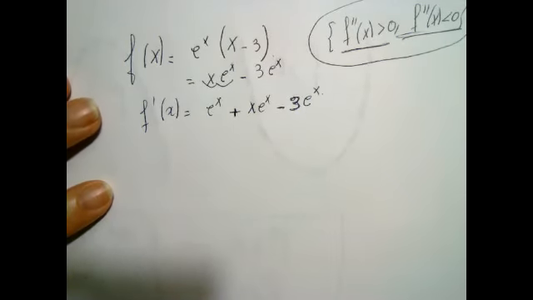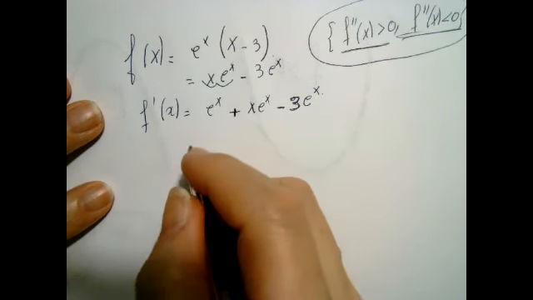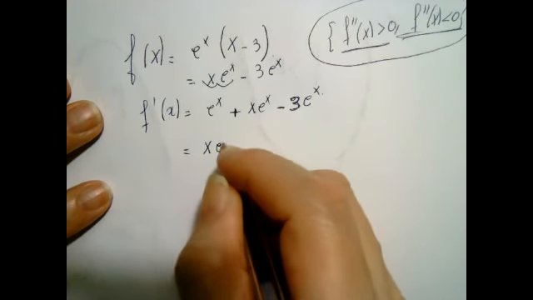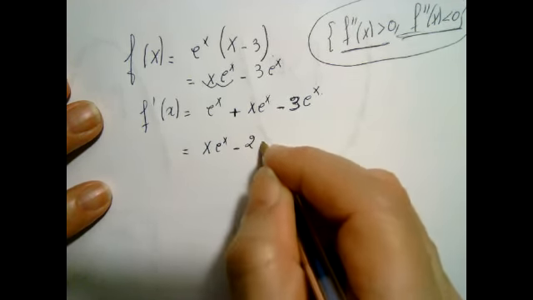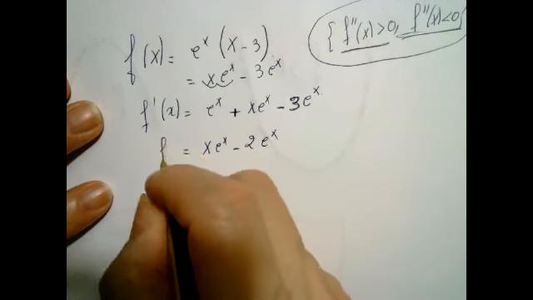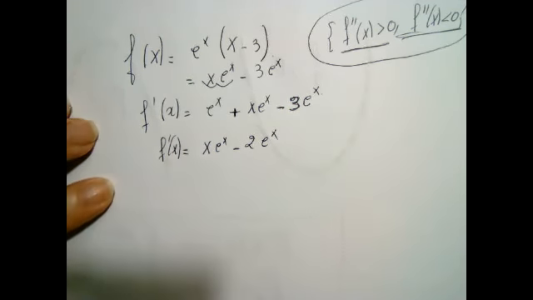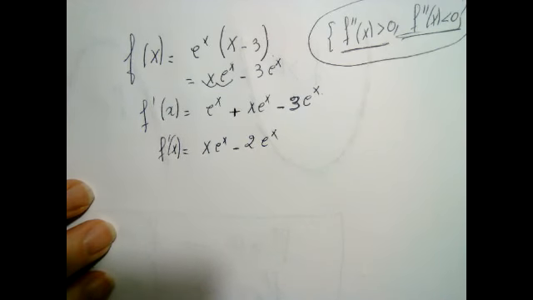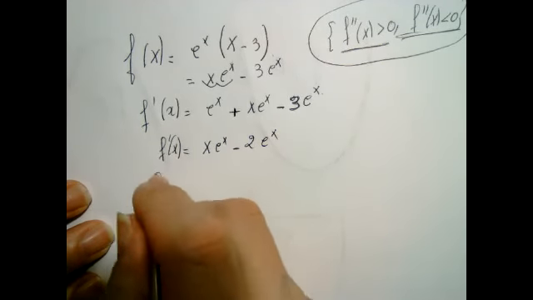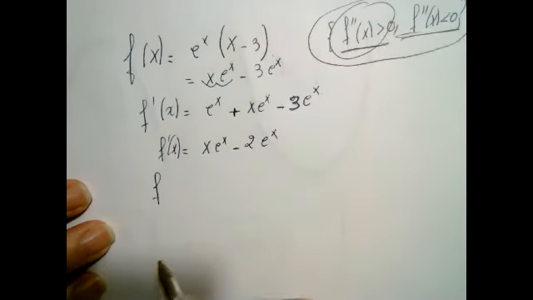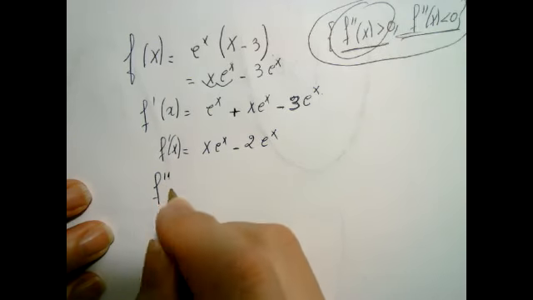So that's my f prime, which equals x e to the x minus 2 e to the x. I need to study f double prime, the sign of f double prime, so I want to find out when it is positive. So I compute f double prime.